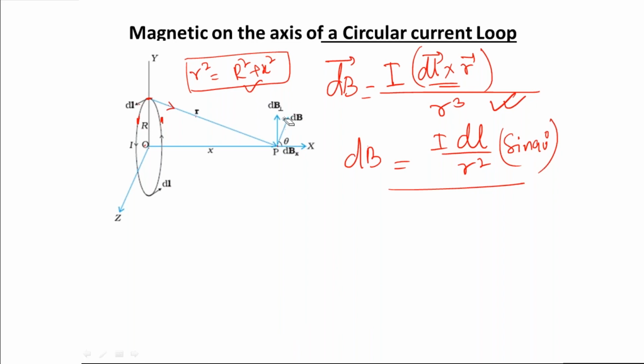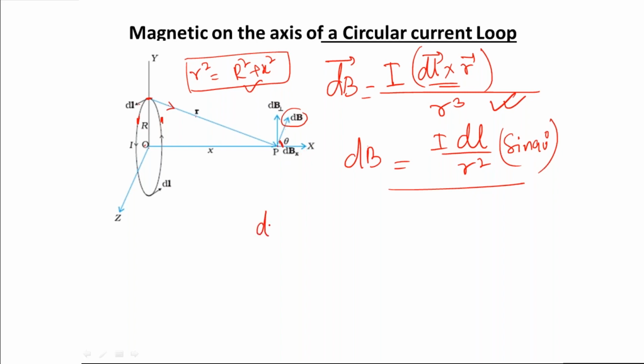So now I have got the direction of the magnetic field as this one, which is making an angle theta with the x-axis. This is the total magnetic field for this particular element. So I can break it into components.